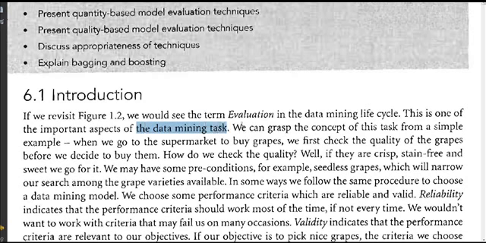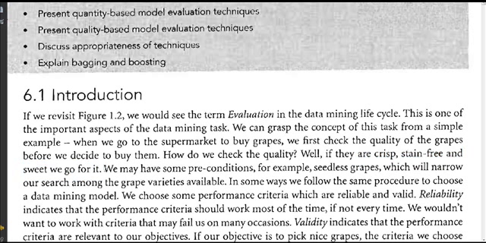This is one of the important aspects of the data mining task. We can grasp the concept of this task from a simple example. When we go to the supermarket to buy grapes, we first check the quality of the grapes before we decide to buy them. How do we check the quality? Well, if they're crisp, stain-free, and sweet, we go for it.